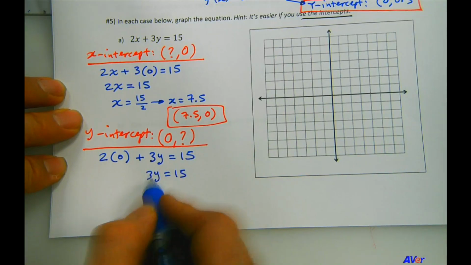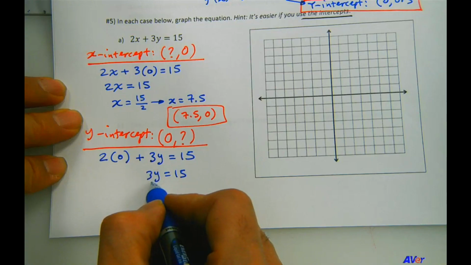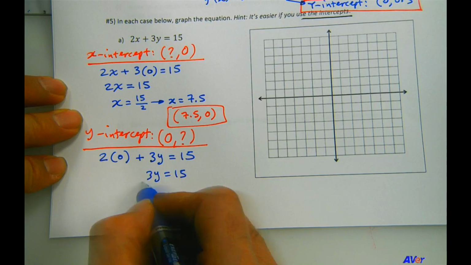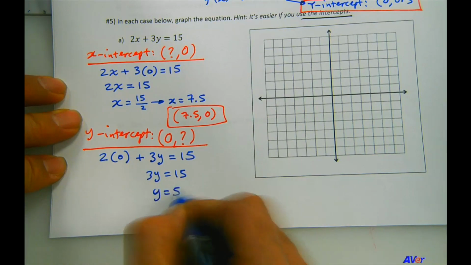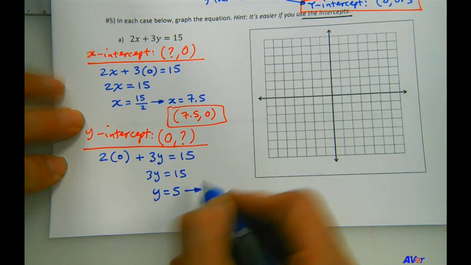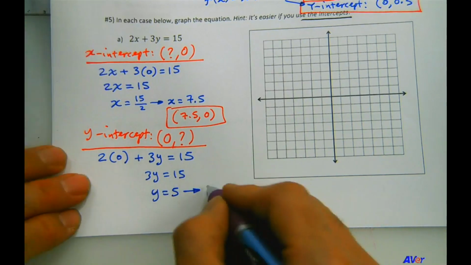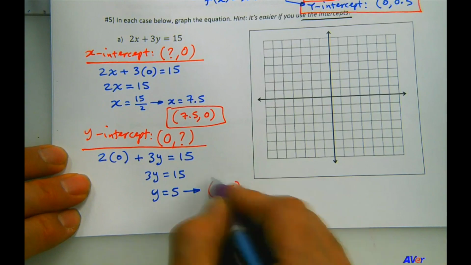We're solving for y, right? So we need to isolate y, which means we need to get rid of this 3. How do we do that? Divide both sides by 3. Okay, so we have the y-intercept is 0 comma 5.